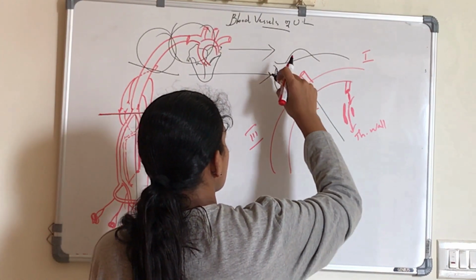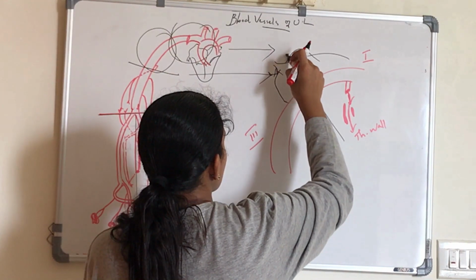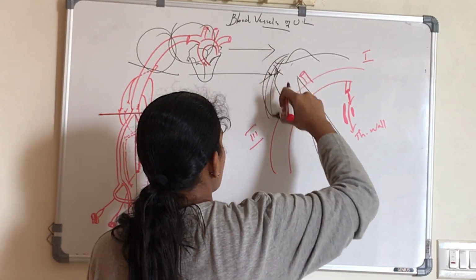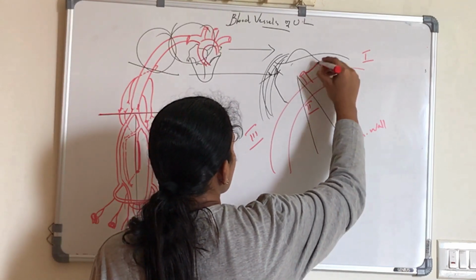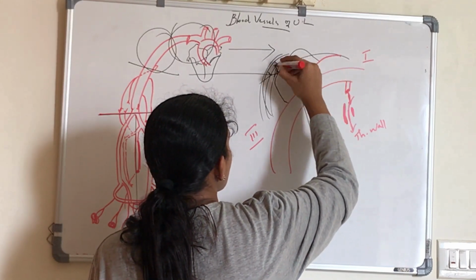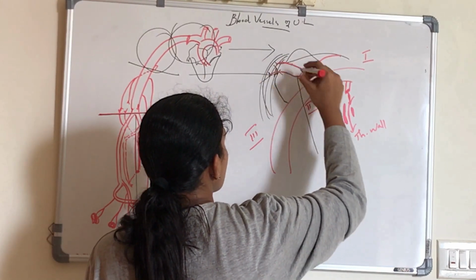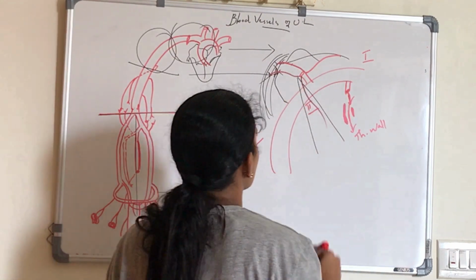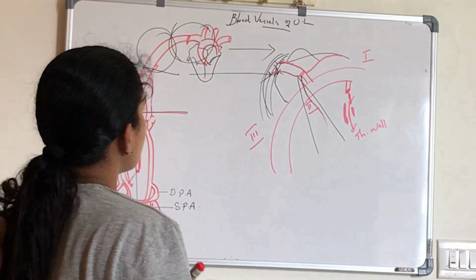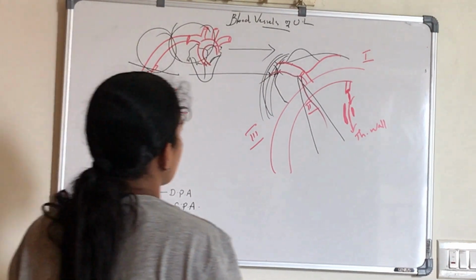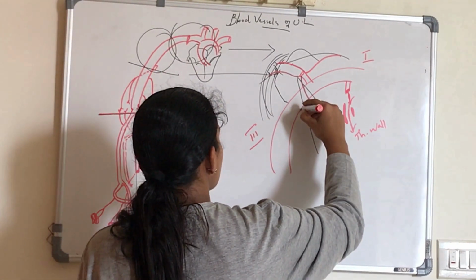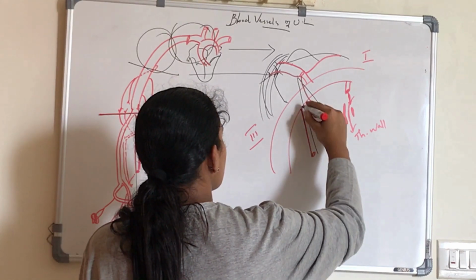This acromiothoracic artery gives four branches, one towards the clavicle, towards the acromion process, to the deltoid, and to the pectoral region. So the four branches are clavicular, acromial, pectoral, and deltoid.